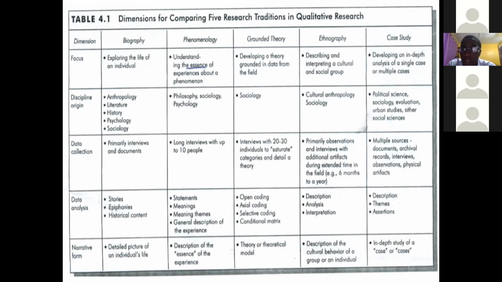So I'm just saying that if you intend to do a PhD, for those of you who are, you know, bold enough, these are some of the things that you have to be able to defend. What's my case? What's my unit of analysis, for example? Yeah. So these are some of the things, as you see in this matrix here, that you will go through in the literature, right?